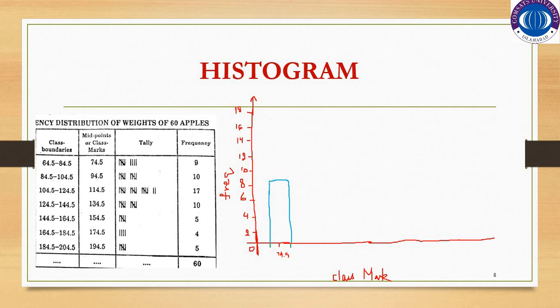So this is the class with class boundaries 64.5 and 84.5, which the green lines are representing, the lower and upper class boundary, and this blue rectangle is representing the height of the class, which is the frequency, which is 9.